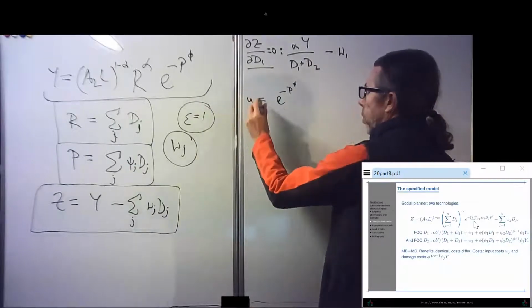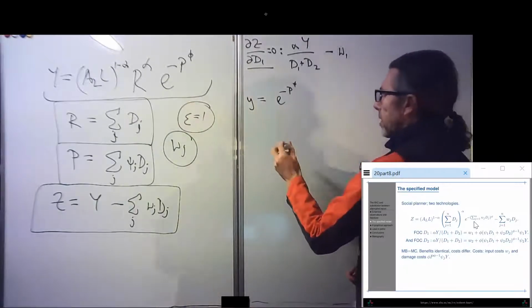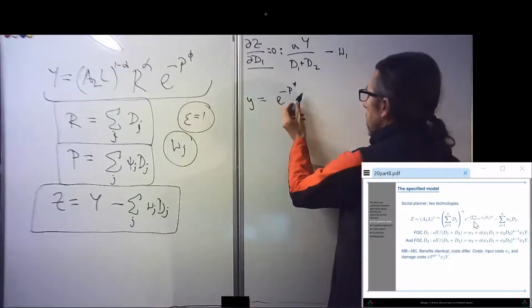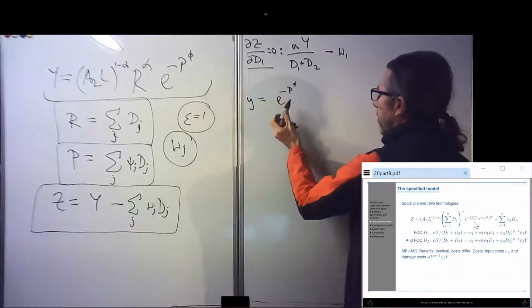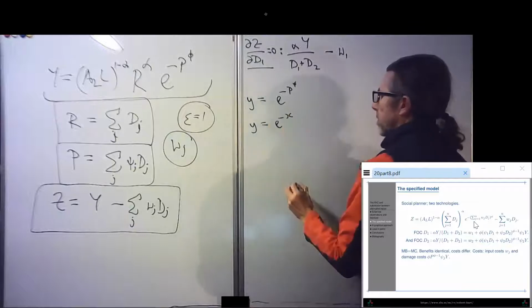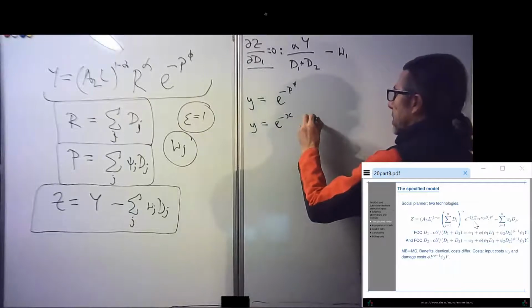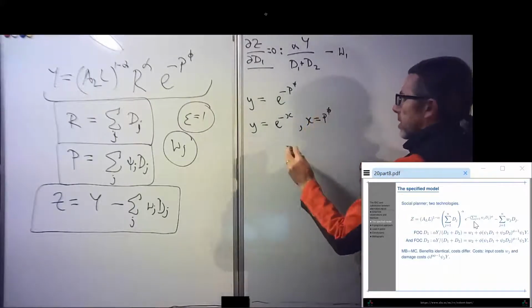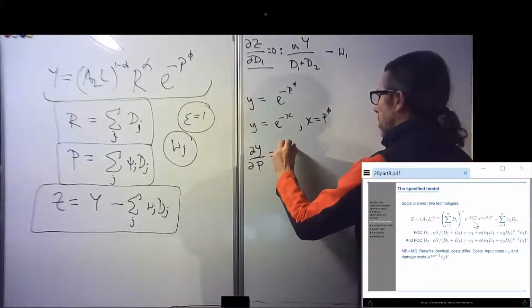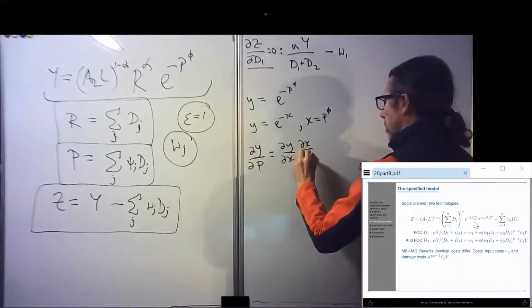Let's say we've got y. This isn't that y, this is just some made up y. y is e to the minus p to the phi. What is dy by dp? If we call p to the phi x, and say y is e to the minus x, and x is p to the phi, then dy by dp is dy by dx times dx by dp.